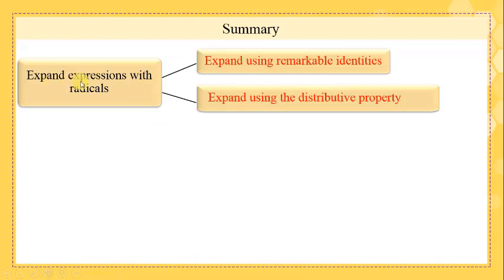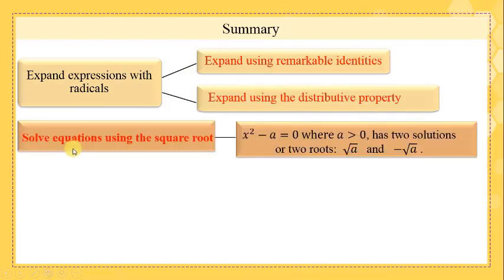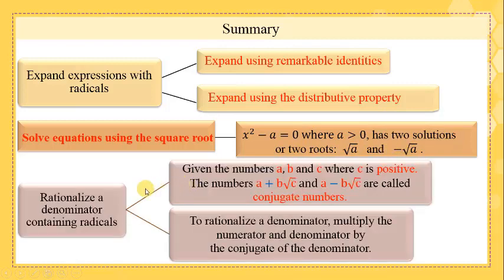We have seen also how to expand expressions with radicals, using remarkable identities and using the distributive property. And in this video we have seen how to solve equations using the square root, equations of the form x squared minus a equal to 0, where a is positive. Then this equation has two solutions or two roots, radical a and minus radical a.